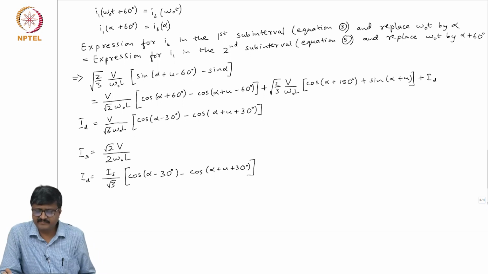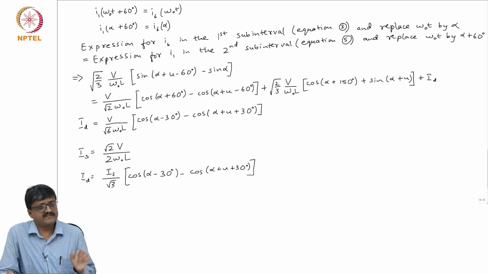So, this is the relationship between ID, IS, alpha and u in the case of 3 and 4 valve conduction mode. We got similarly a relationship between ID, IS, alpha and u for 2 and 3 valve conduction mode. This is applicable for 3 and 4 valve conduction mode.